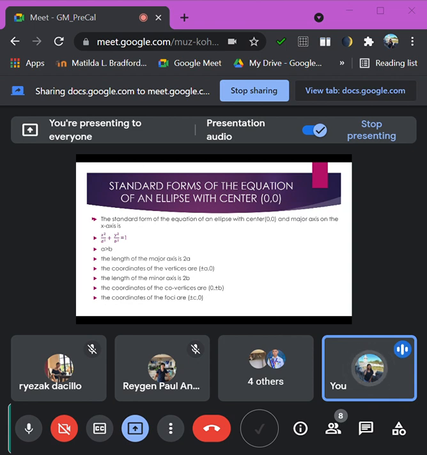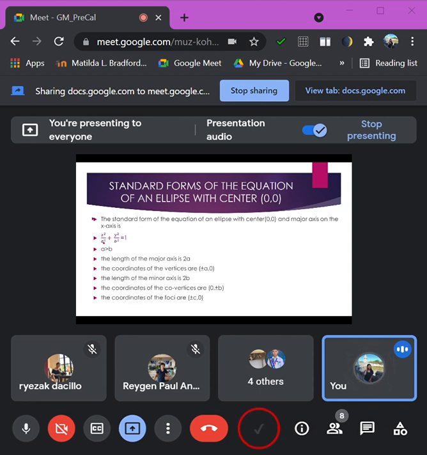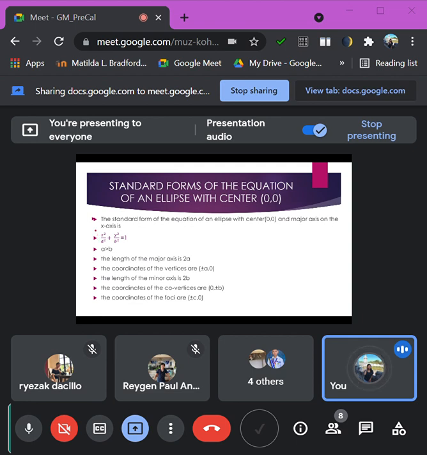Okay. So we have there, since our major axis is on the x-axis, our A is greater than B. Our A is bigger because it is the major axis. So we have there the length of the major axis is 2A.